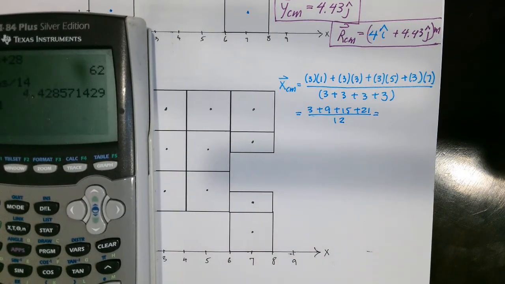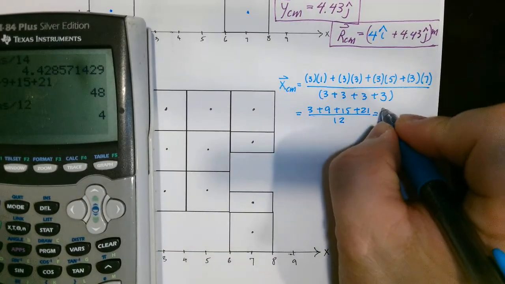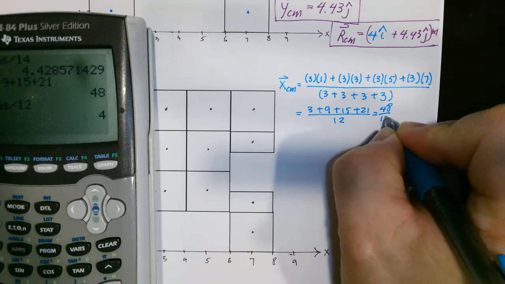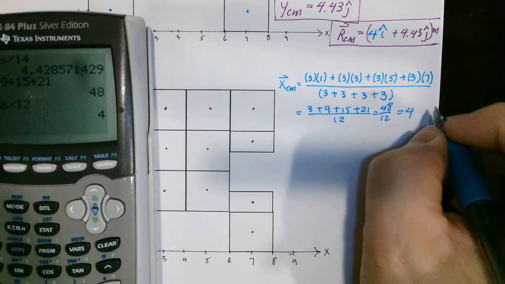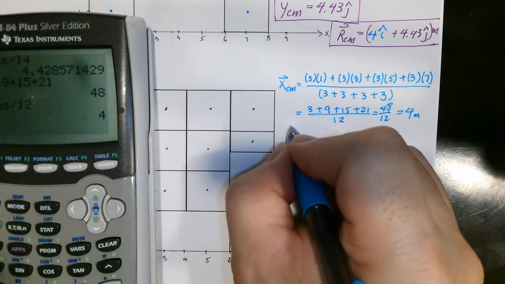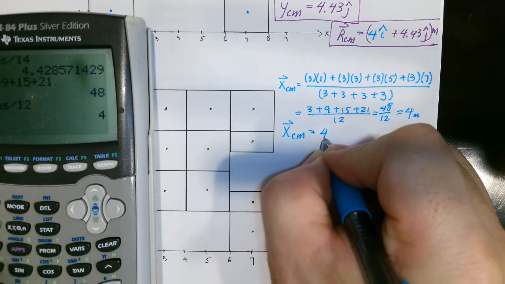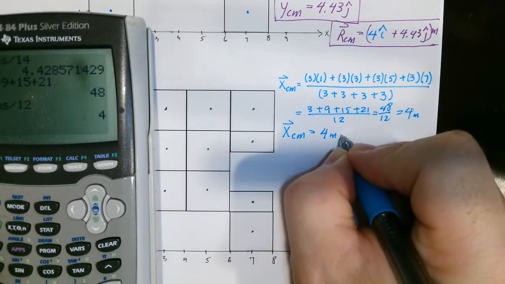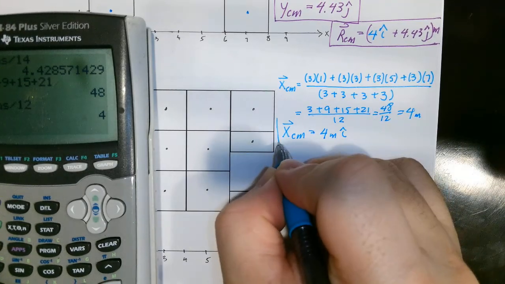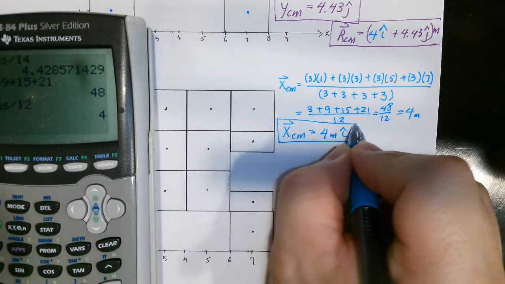So 3 plus 9 plus 15 plus 21 divided by 12. And of course, we're going to get 4, right? So it's 48 divided by 12, which is 4 meters. So my x sub cm comes out to 4 meters i hat, as we predicted.